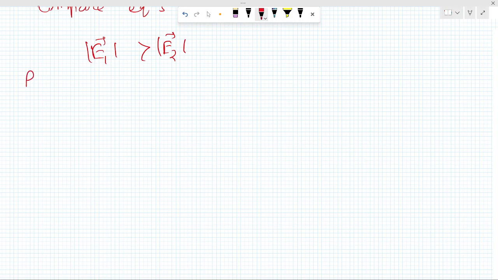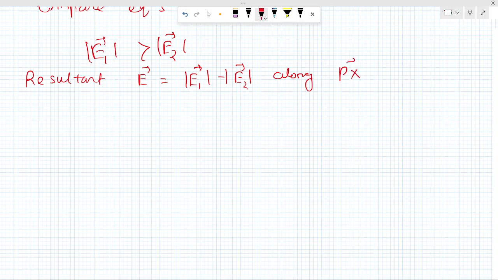Now the resultant electric field intensity E will be E1 magnitude minus E2 magnitude, and the direction will be along PX, isn't it? Yes.